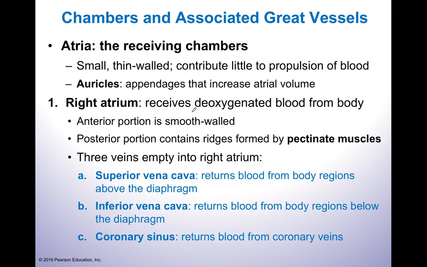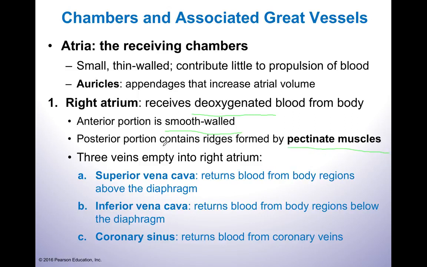The type of blood you find in it is deoxygenated blood. The top portion of the wall of this chamber is very smooth. However, as you go down toward the ventricles, ridges form on the surface, and these ridges are called the pectinate muscle.